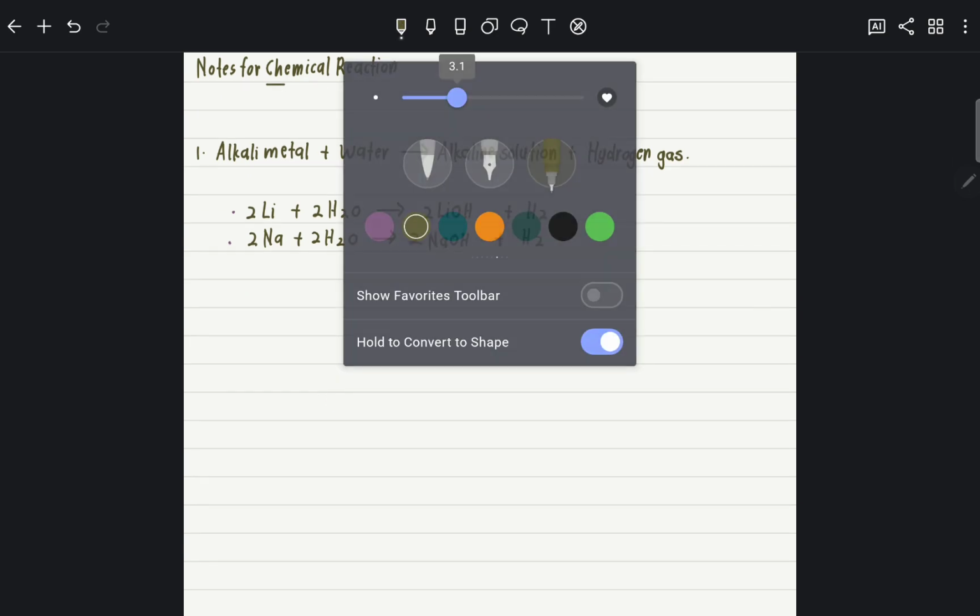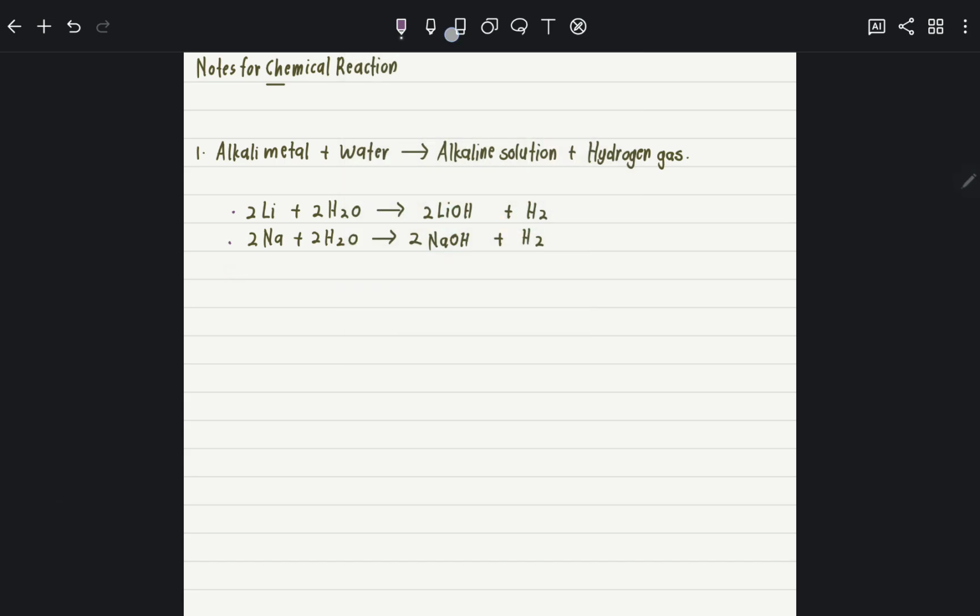If your alkali metal changes to potassium, so K plus H2O.